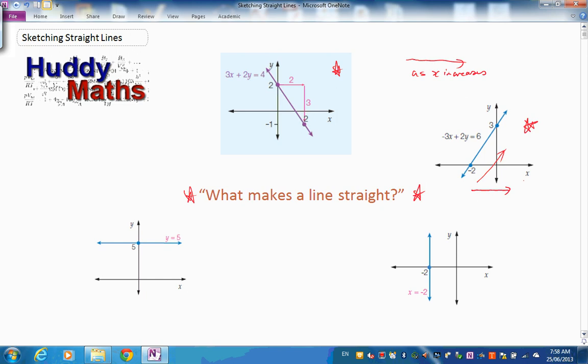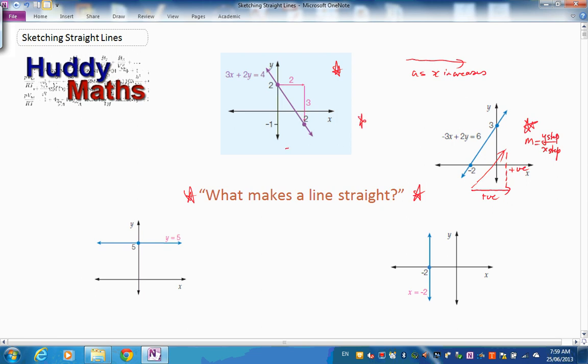It's going to have a positive y step over x step, isn't it? If it's going up, y will be positive, and the y step over the x step, which is the slope or gradient, will be positive.